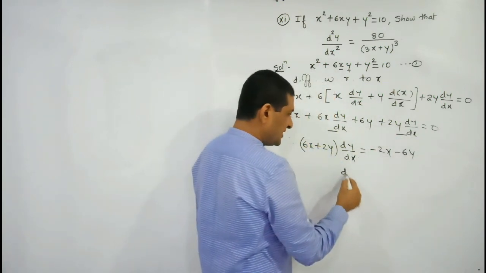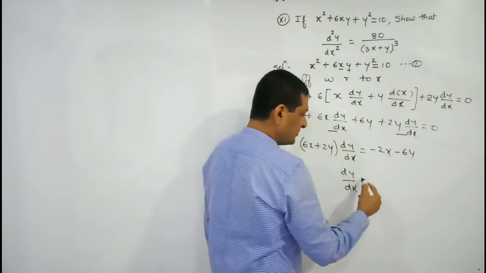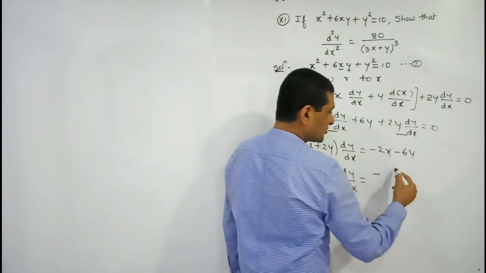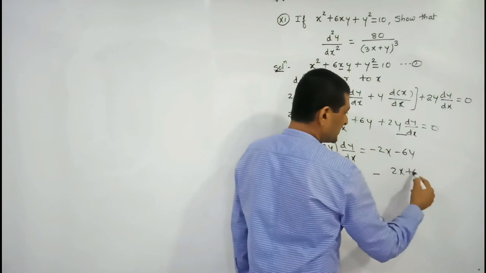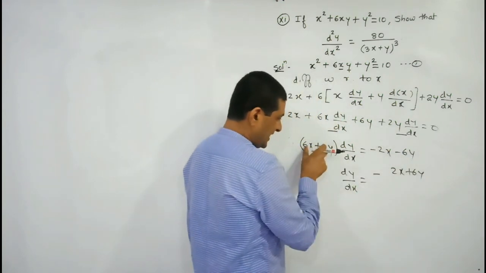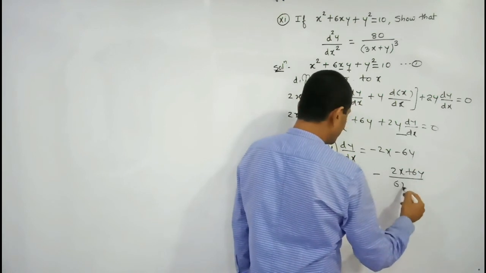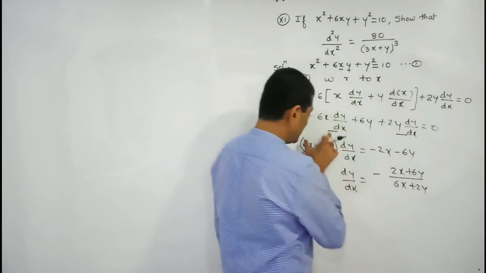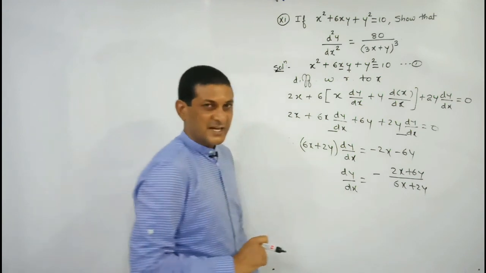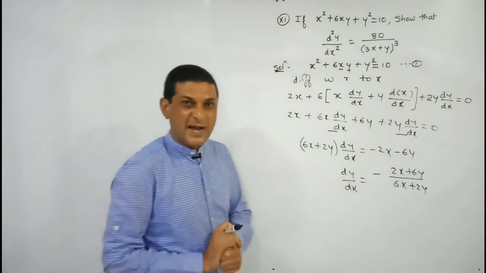So dy upon dx will be equal to, taking minus common, minus (2x plus 6y), and this term is multiplied on this side, so it will get divided. So here we will get 6x plus 2y. In this way we have got the value of dy by dx.